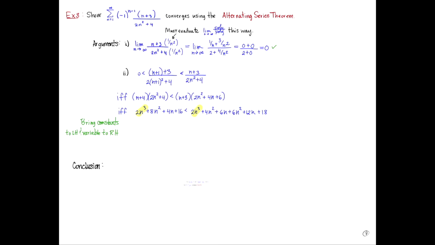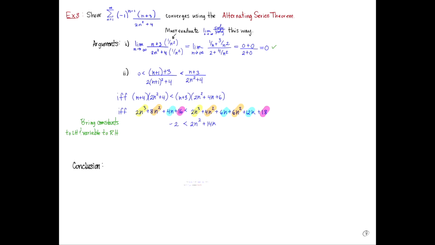On the right-hand side, 4n squared plus 6n squared is 10n squared, and subtracting 8n squared from both sides gives us 2n squared on the right-hand side. Looking at our terms with an n, we have 6n plus 12n, which is 18n, minus 4n gives us plus 14n, and for our constants, we have 16 minus 18, giving us a negative 2 on the left-hand side.